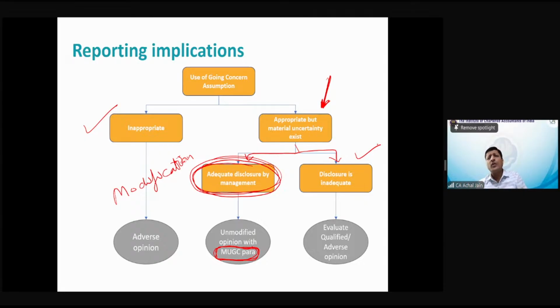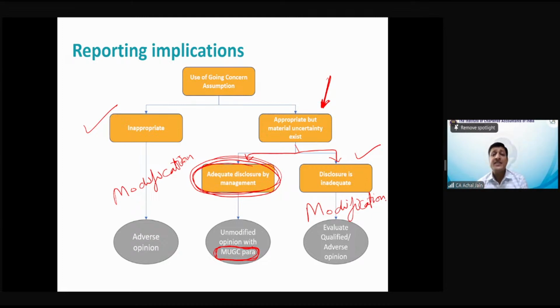Or even if you want me to disclose as a management, I'll write something which the auditor believes is not appropriate, is not adequate for the understanding of the users of the financial statements. In which case, once again, what will happen? Modification in the audit report will be required.